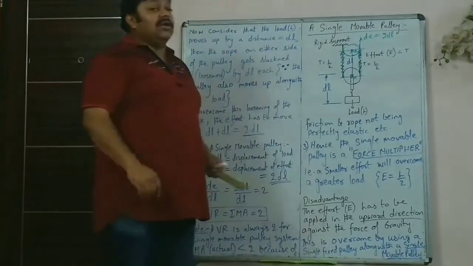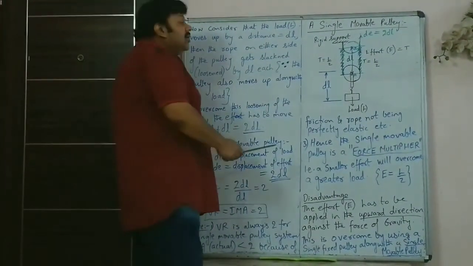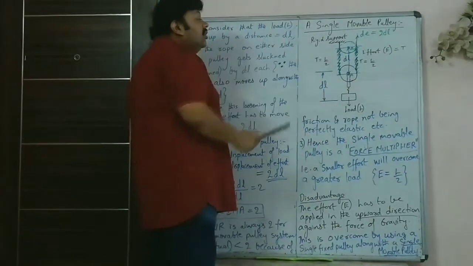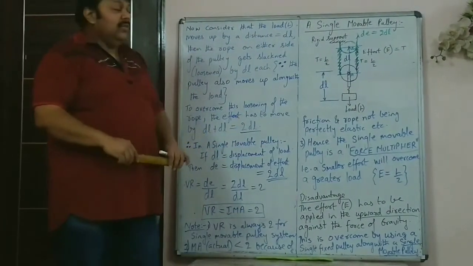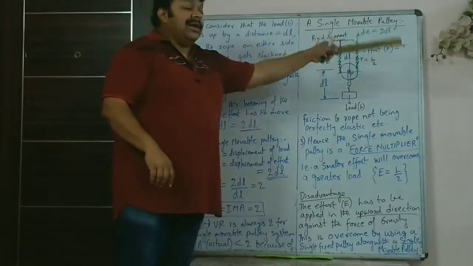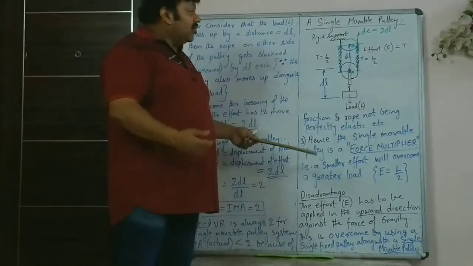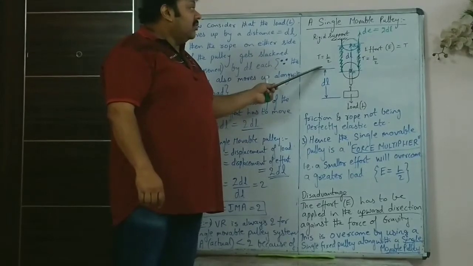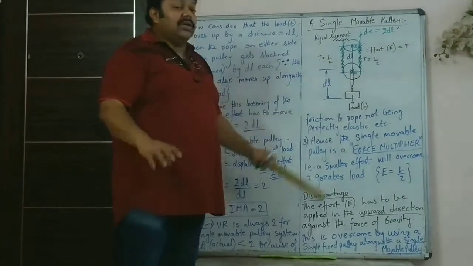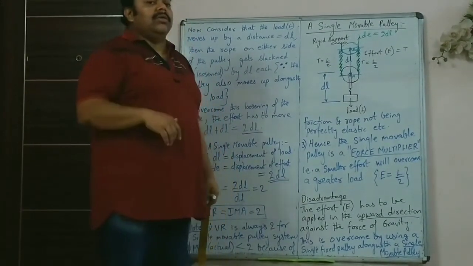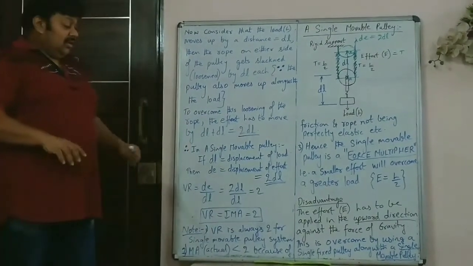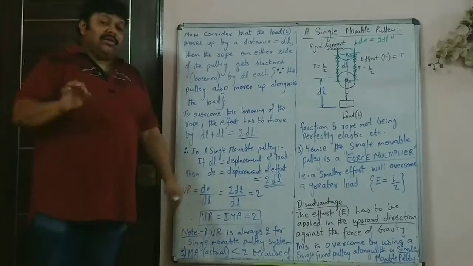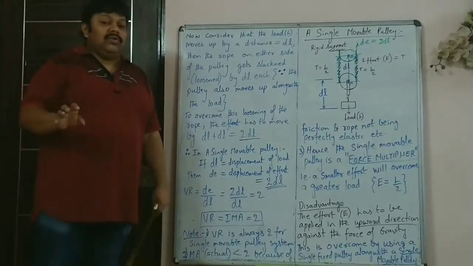Now what is the disadvantage here? This has a disadvantage that you have to pull the effort up against the force of gravity. So to overcome that disadvantage, we use a combination, that is, we will use a single fixed pulley and a movable pulley in combination. Everything in that remains the same. IMA and VR will remain the same, no difference.